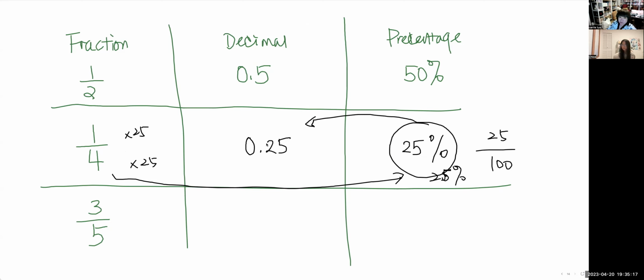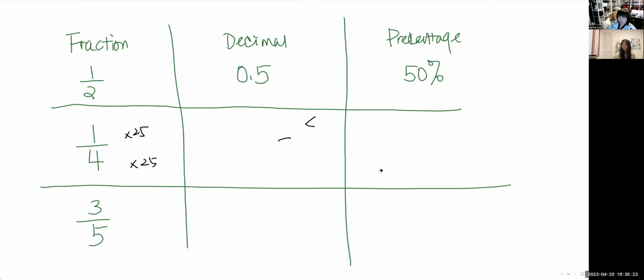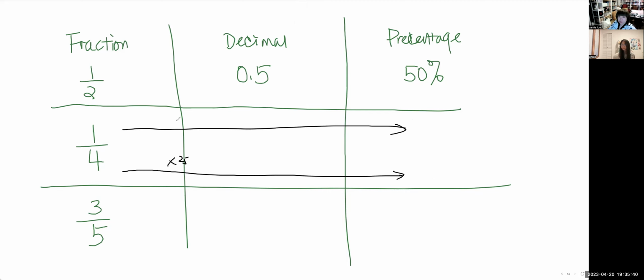For instance, I give you a very hard question, okay? I'm not saying it's 1/4, because with 1/4 everybody can do that. But all of a sudden, you just forgot how to do it. Okay, you said, I don't know how to do 1 divided by 4. But you know how to do the percentage, right? It's times 25 and times 25, correct?